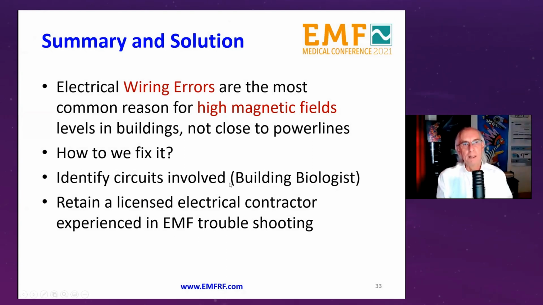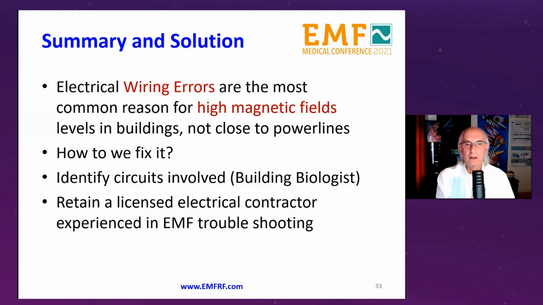So in summary, wiring errors are the largest source of elevated magnetic fields in residential buildings if we're not close to a power line. How do we fix it? We need to track down what circuits there are. There are easy methodologies to do that by flipping circuit breakers on and off and monitoring your measurement device. Usually biologists are very skilled in doing that.